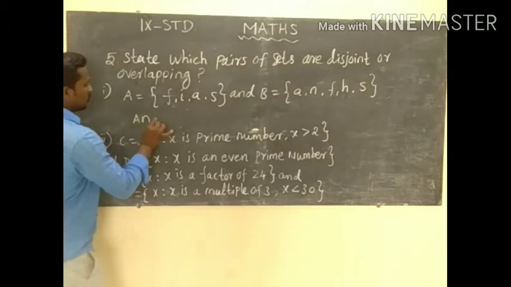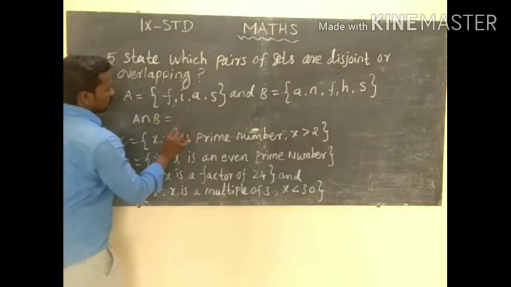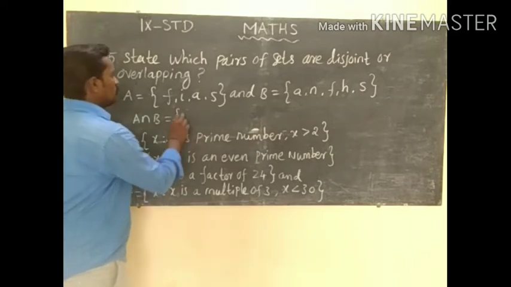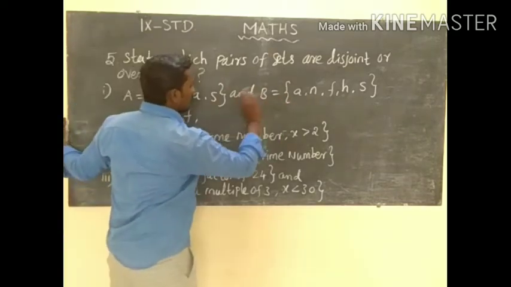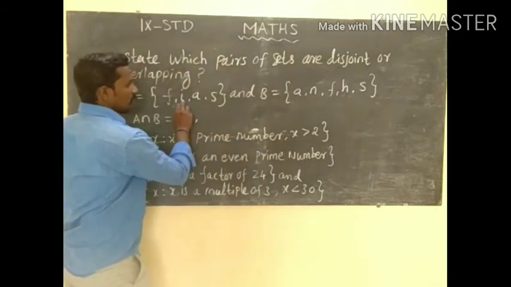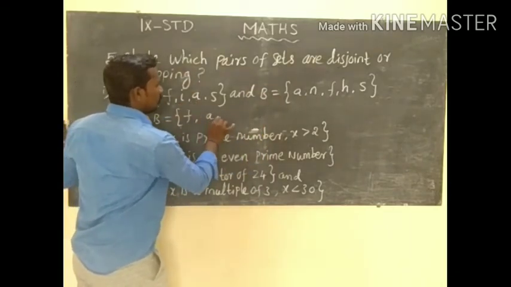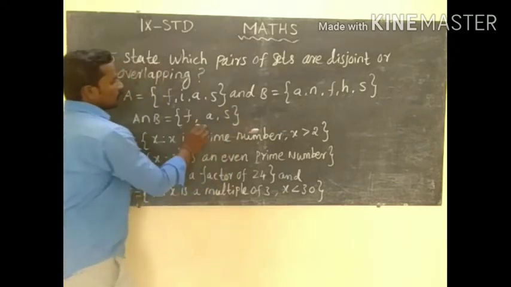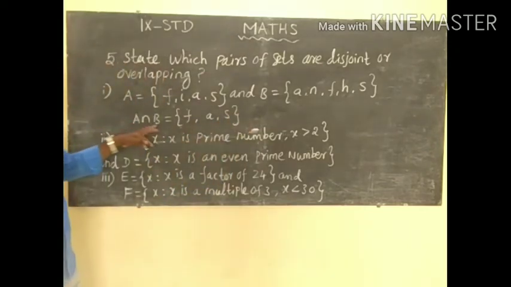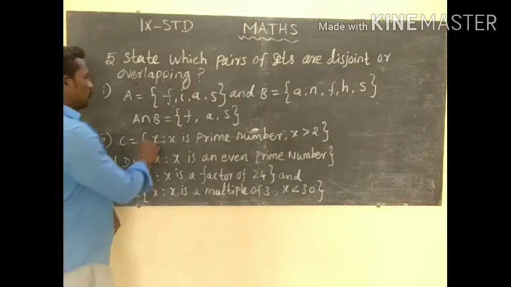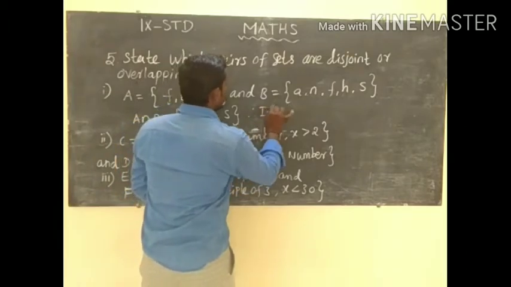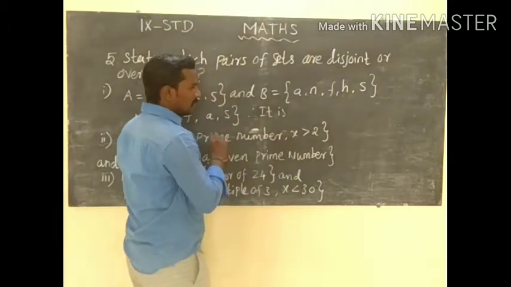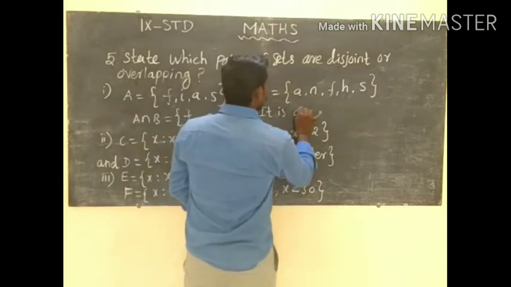A intersection B is the set of common elements only: F, A, S. So you have three common elements. Therefore the given two sets are overlapping.